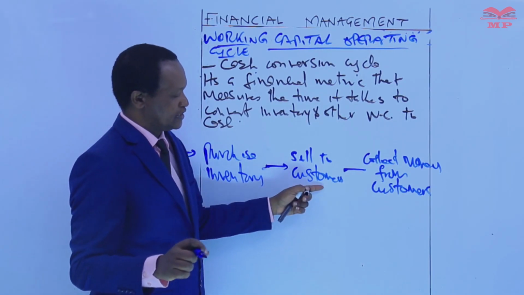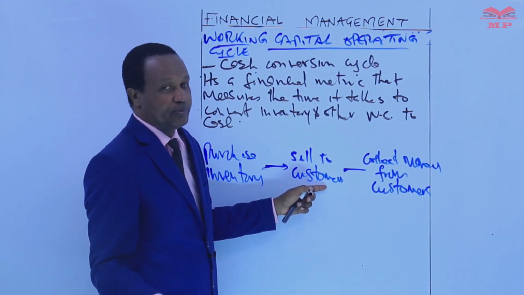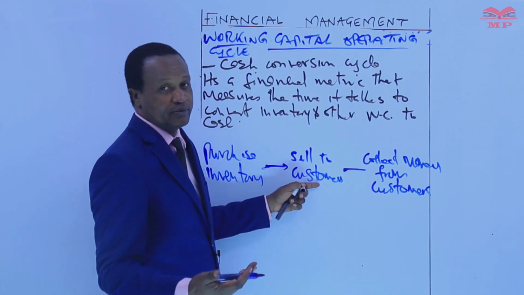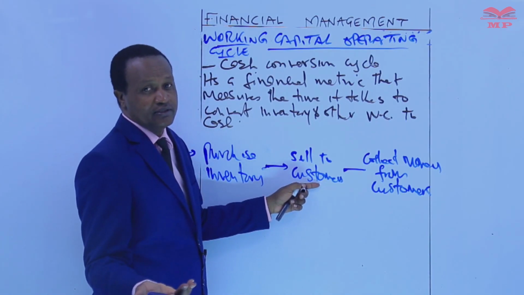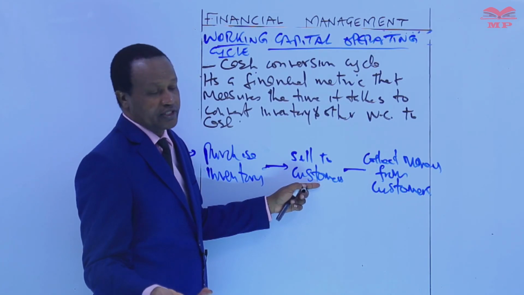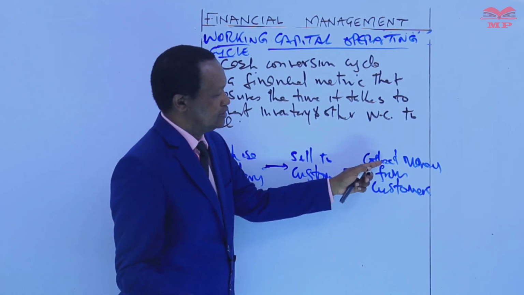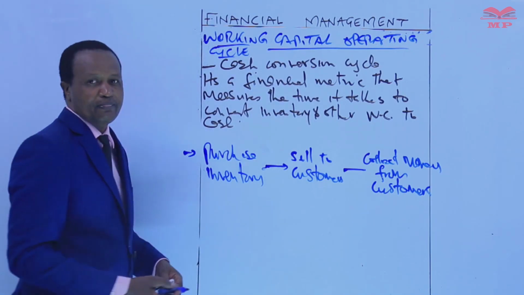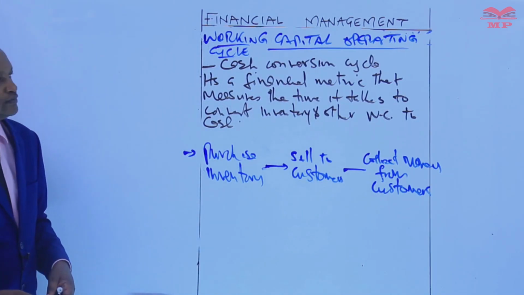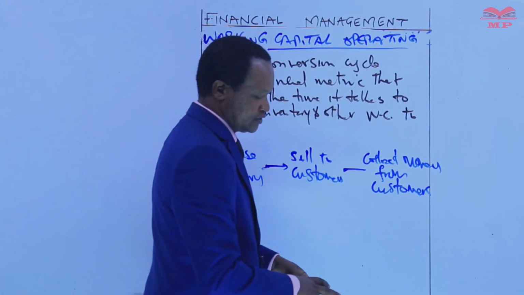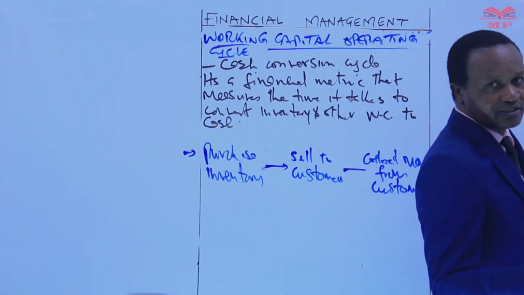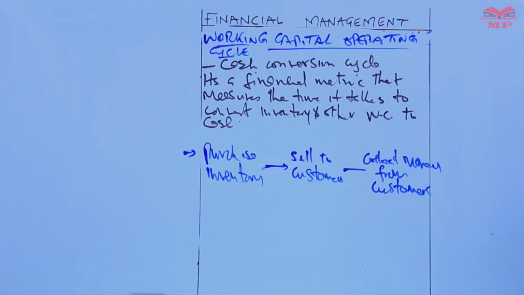So you have debtors, customers who owe you money. It may take time for you to collect money from them. That is the working capital operating cycle. You understand?